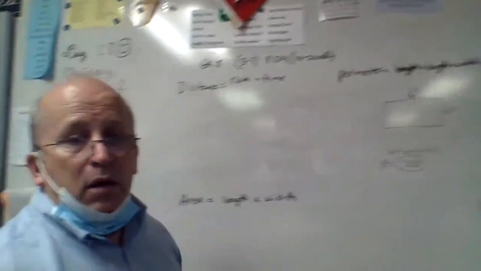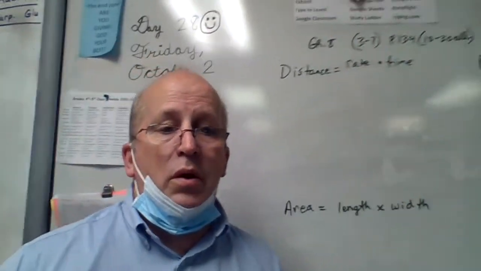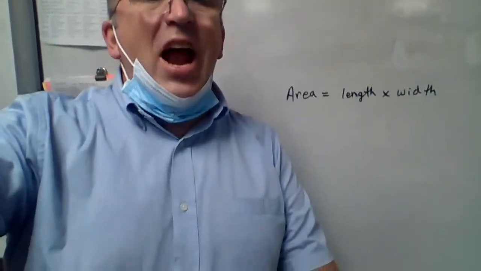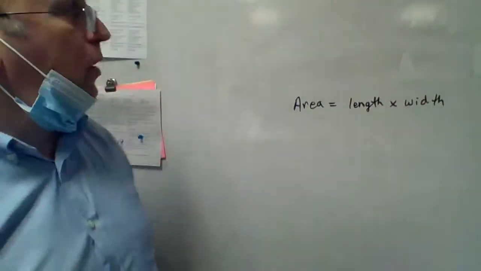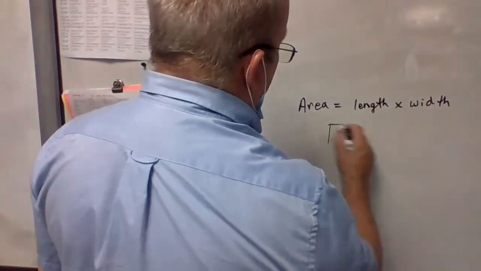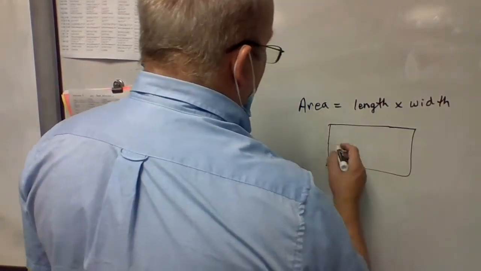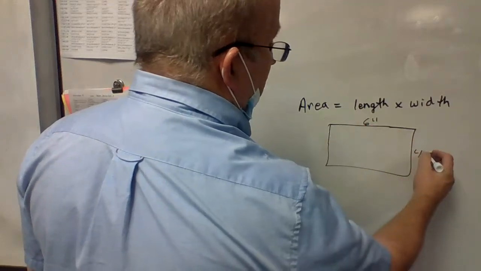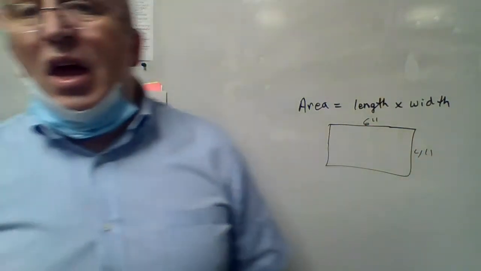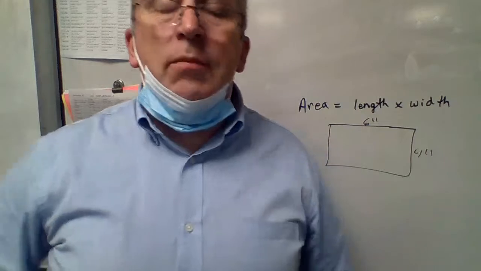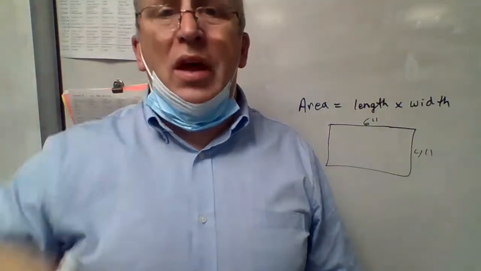Okay, the next formula, also something you should be familiar with, is how do we find the area of a rectangle? Area is different than perimeter. If I have the same rectangle that's 6 by 4 inches, and I'm asking for area, that's not the distance around the object.